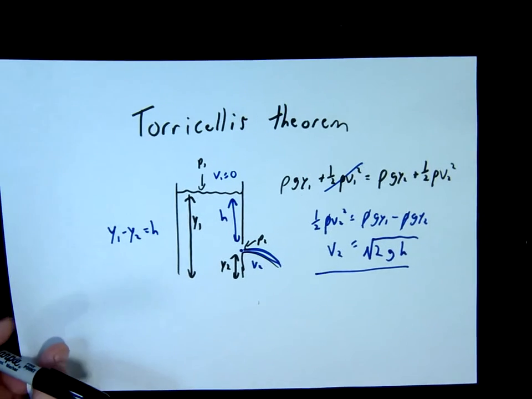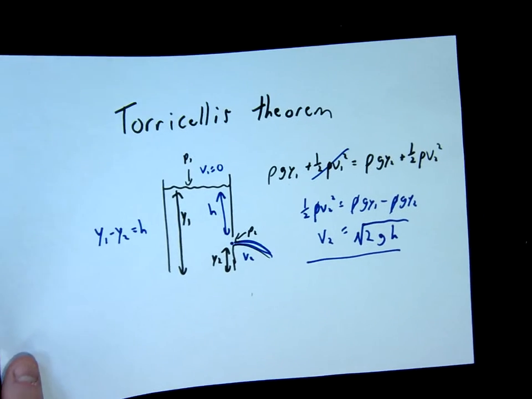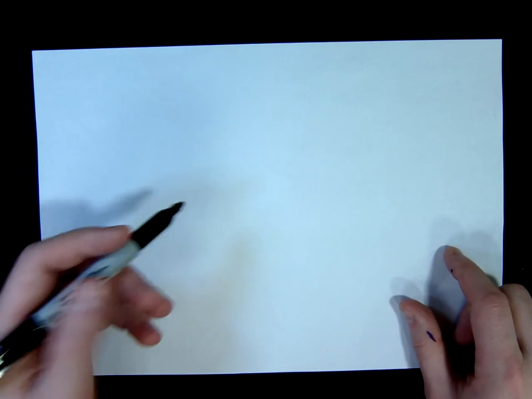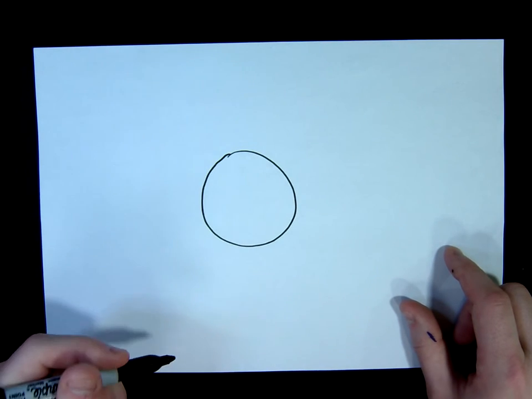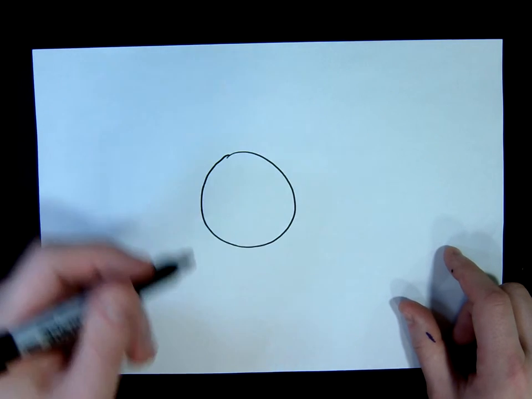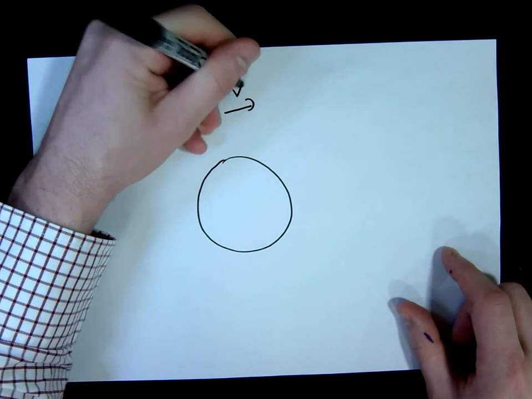Now a couple other things with Bernoulli's equation. Baseballs do something interesting. If you think of a baseball that can spin, I'm going to make it very simplistic. Here's a baseball, and the ball is going to be moving that way.